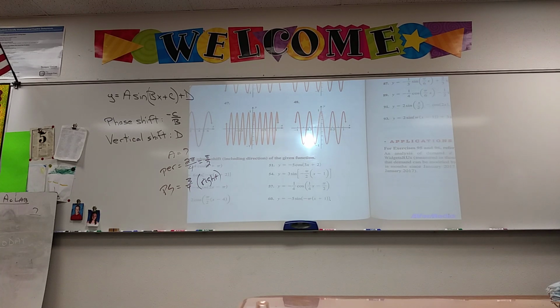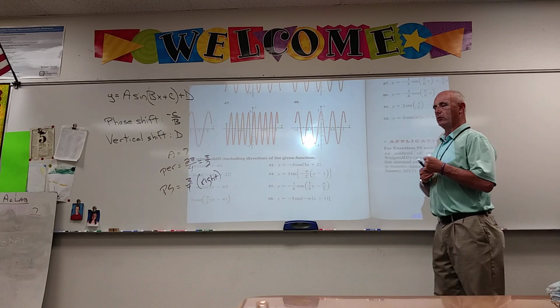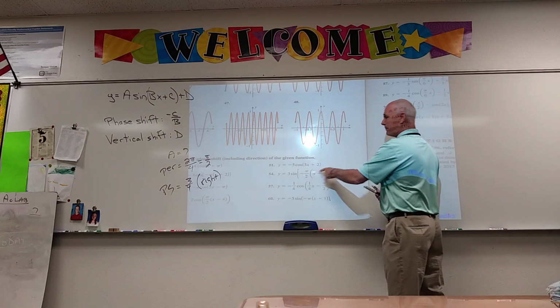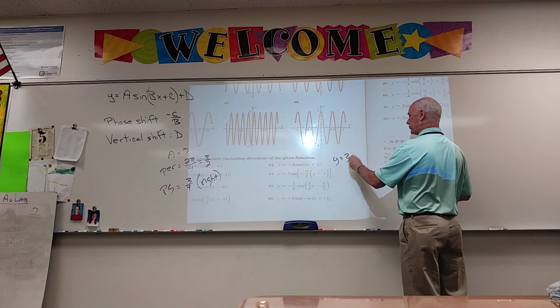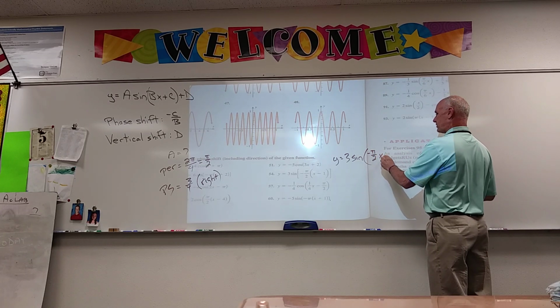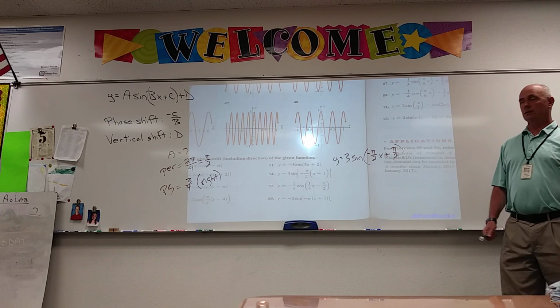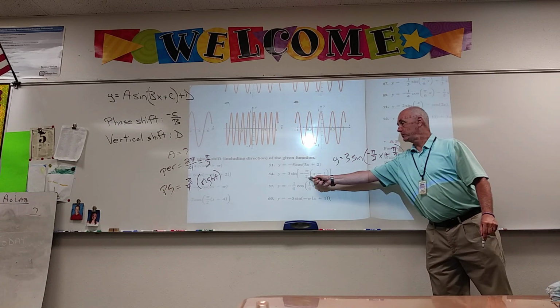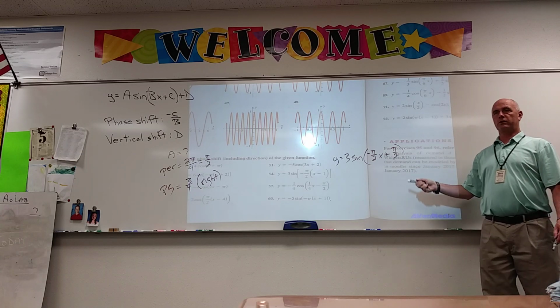If that stresses you out a little bit and you're not really happy about the way that looks, then distribute that back through. Y equals 3 sine of negative pi over 2 x plus pi over 2. If we distribute this through the parentheses, we get this. So what's B?